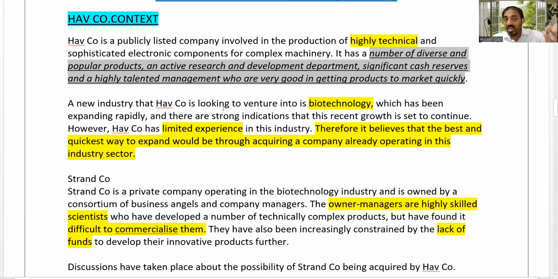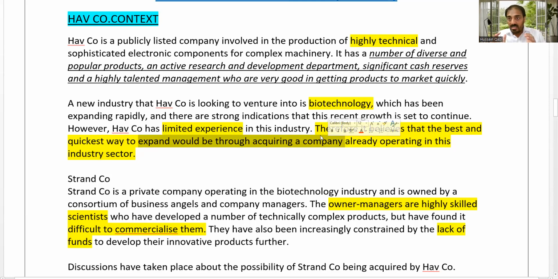Now, Have is looking to venture into biotech. That's the question. But having limited experience, they believe the best and quickest way to expand is through acquisition.